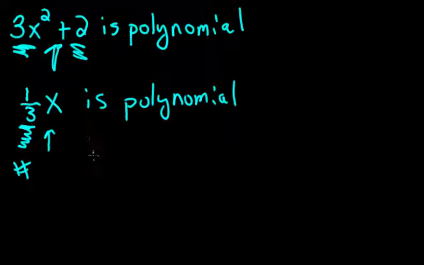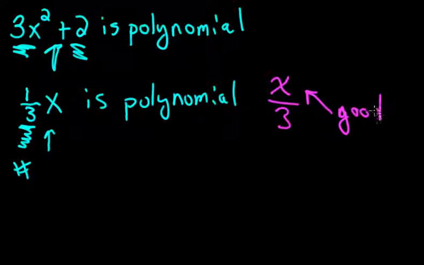The thing to note is, yes, there's a division going on here, and you'll sometimes see this written as x over 3. And so yes, there's a division, but the variable is upstairs. It's in the numerator. So this is good. Give it a smiley face for a polynomial.